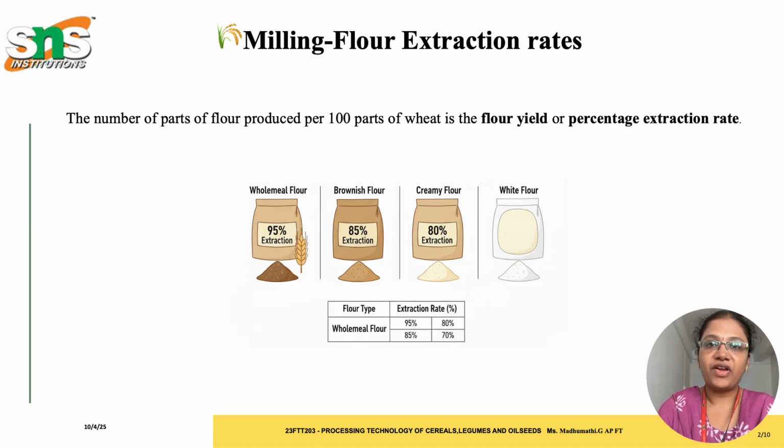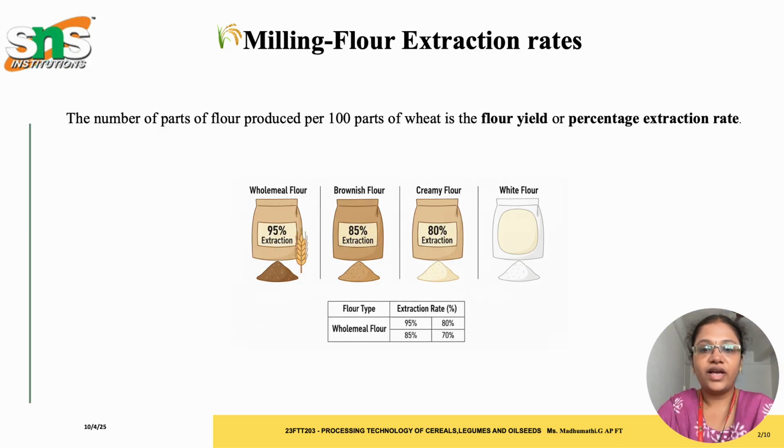When we obtain a whole wheat flour, as I already told, when a whole cereal grain or kernel is processed along with the bran and the germ, we call it whole wheat flour, where the maximum extraction is gained, a 95% extraction rate.